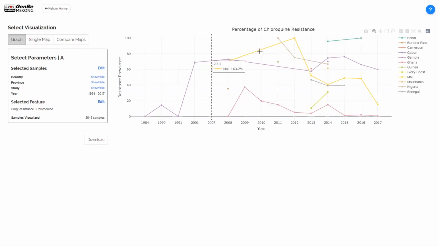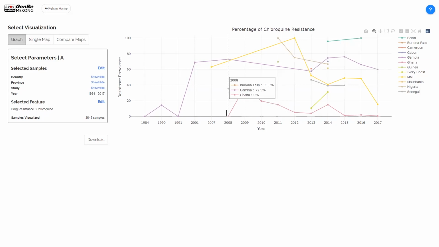and I can see that the country with the lowest chloroquine resistance is this country, which is Ghana. And now this graph disproves my theory because the samples collected from Ghana are contemporary to the samples collected from other countries that are shown in the map.